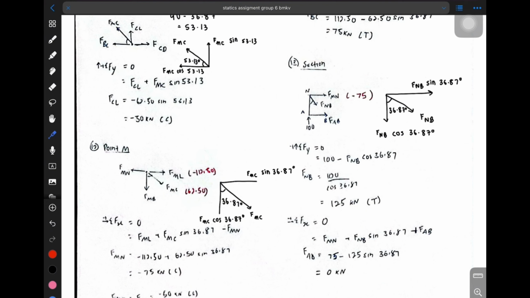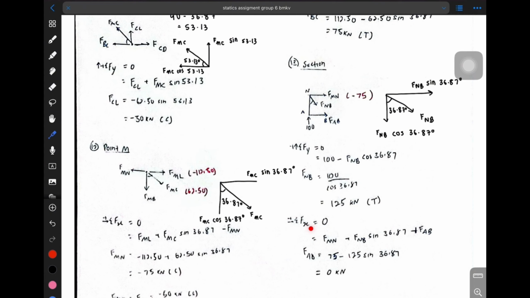So we can find FAB is equal to 100 divided by cos 36.87. So we get FAB is equal to 125 kilonewton and it is tension.